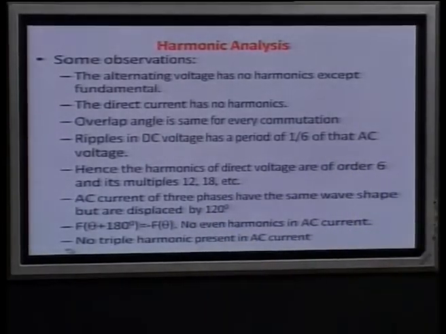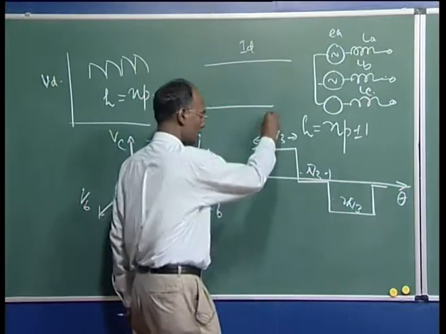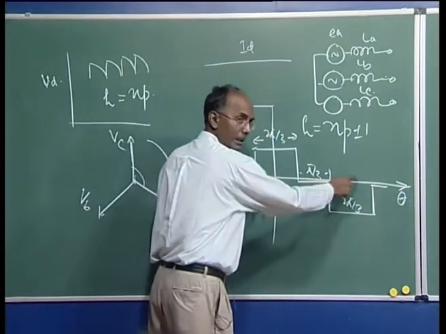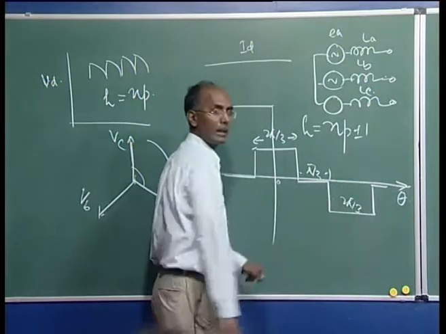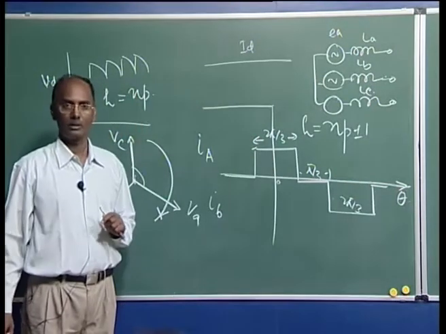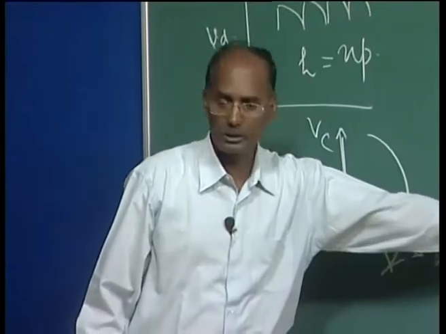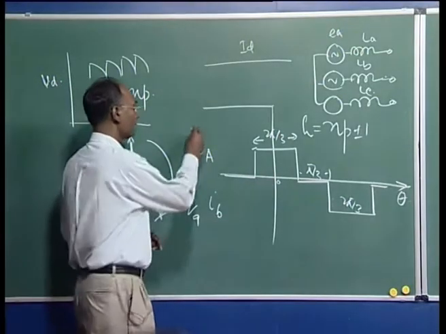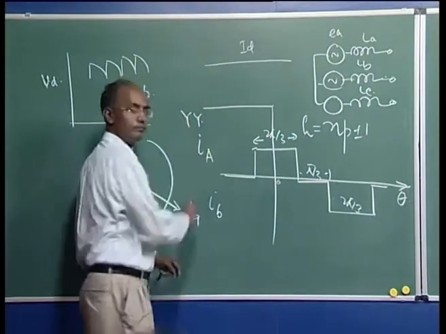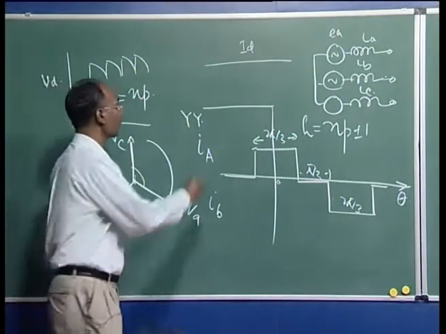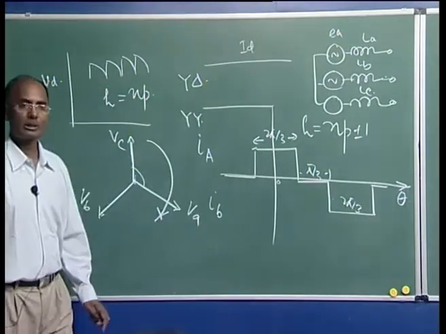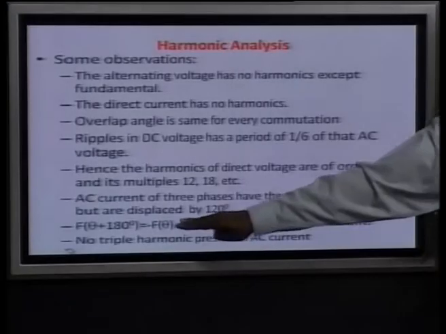You can take any point: if it is 0, you add 180 degrees and you will find the magnitude is the negative of this one. This property holds for the star-star configuration; for star-delta, the shape is changed, but the property still holds.